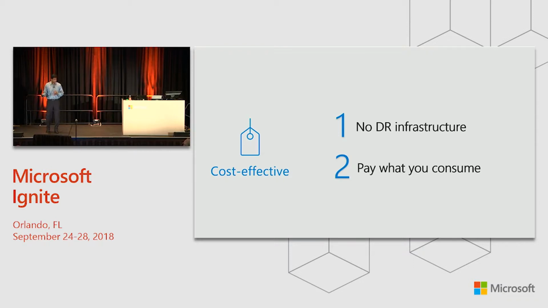We replicate your data and keep the data available on the target site, but there is no virtual machine running and no capacity being charged to you. We have done our internal planning to make sure that the capacity is available when you need it. So you are only paying for what you use. I will have a pricing slide later to explain in more detail what that means.